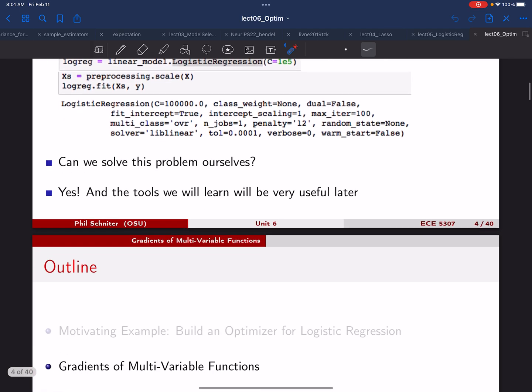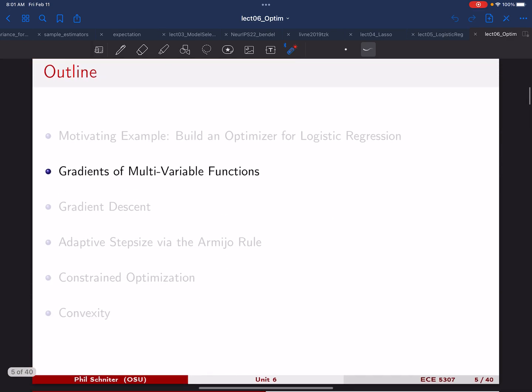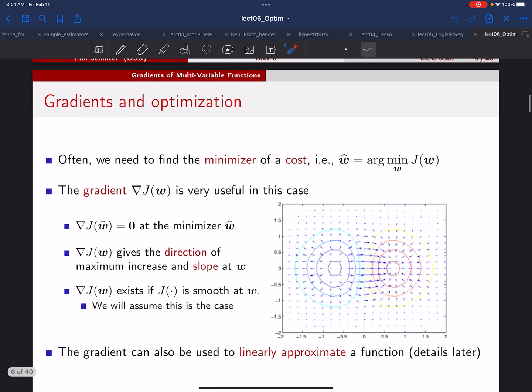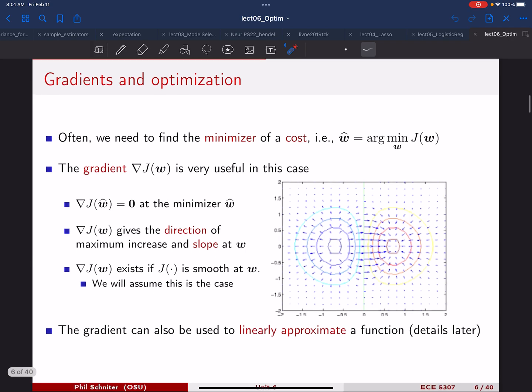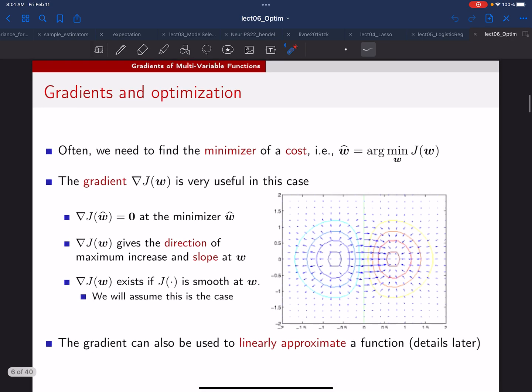So we're going to focus on gradient-based techniques. So we just have to start from the beginning and talk a bit more about the gradient. I know we've talked about it a little bit, but we'll talk about it some more now. So again, our objective is to minimize some cost function J. We want to find the lowest point.